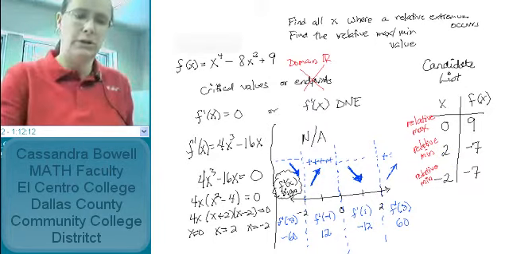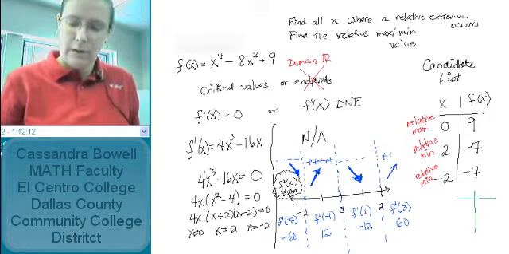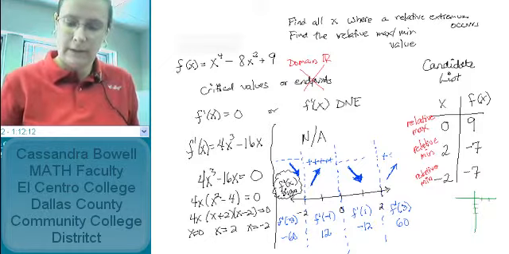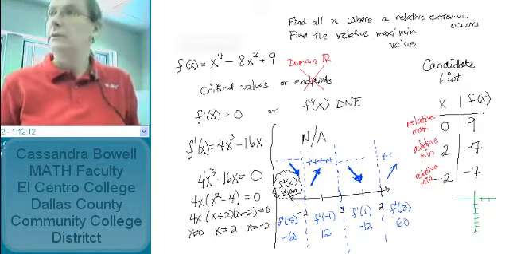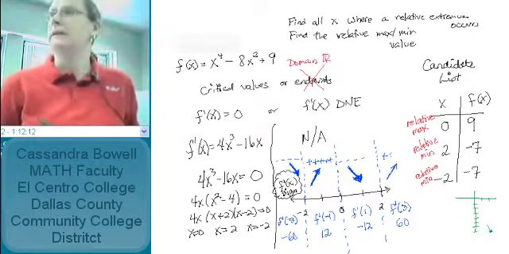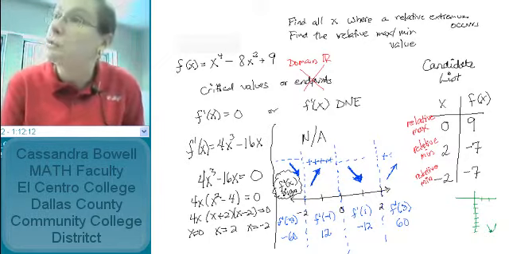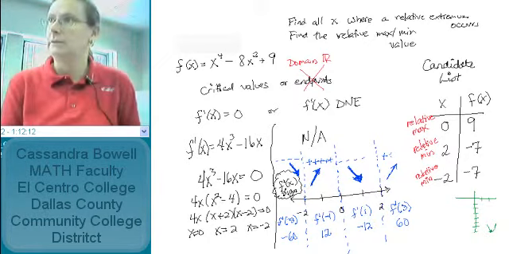So we should maybe do a little thumbnail. Maybe that would help. So 2, negative 7. 2, 3, 4, 5, 6, 7. Right here. Okay? Right before it, it's decreasing. Right after it, it's increasing. That's the sign change. The sign change is occurring in the first derivative right around it.